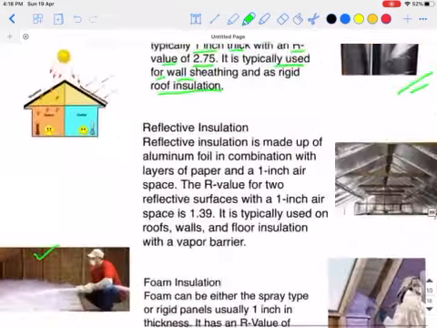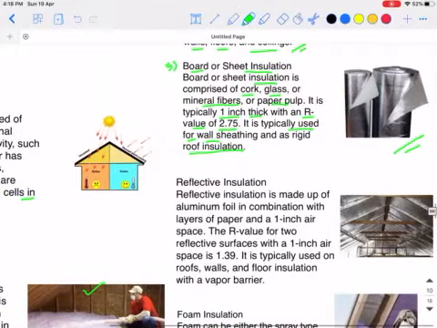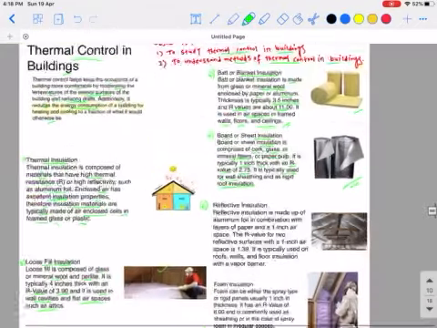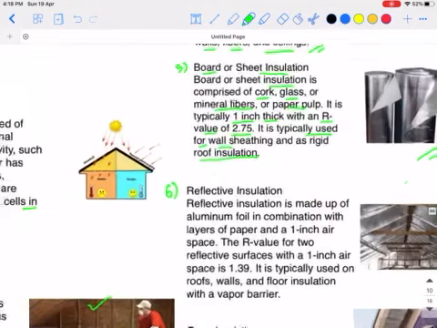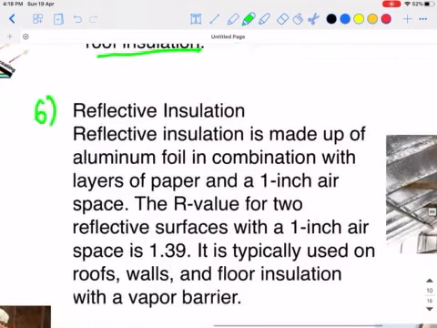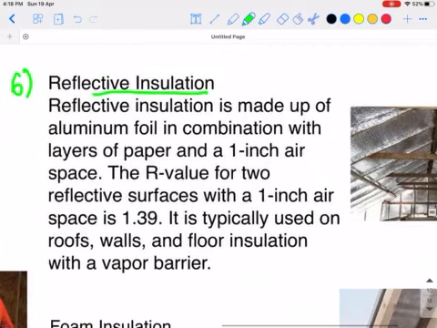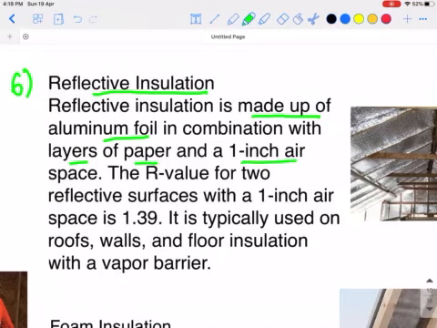Next method, that is sixth method, reflective insulation. Reflective insulation is made up of aluminum foil in combination with layers of paper and a 1 inch air space.